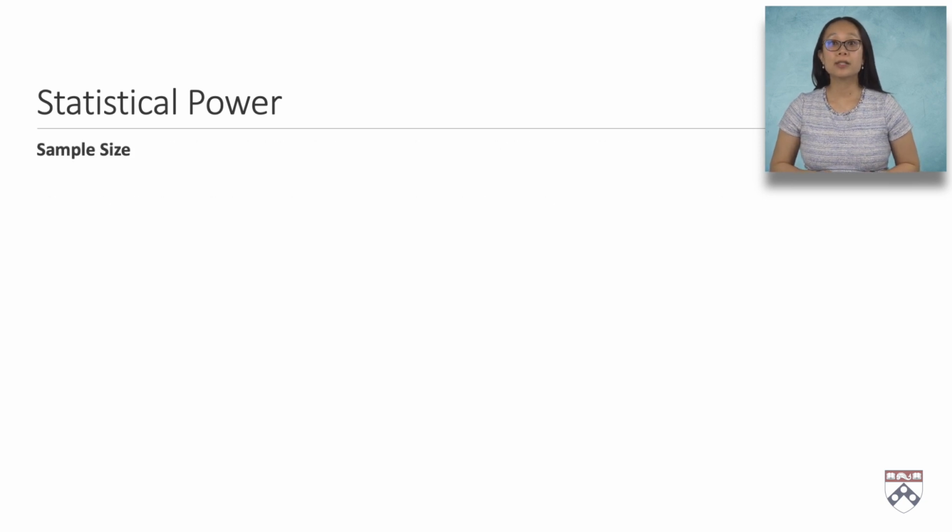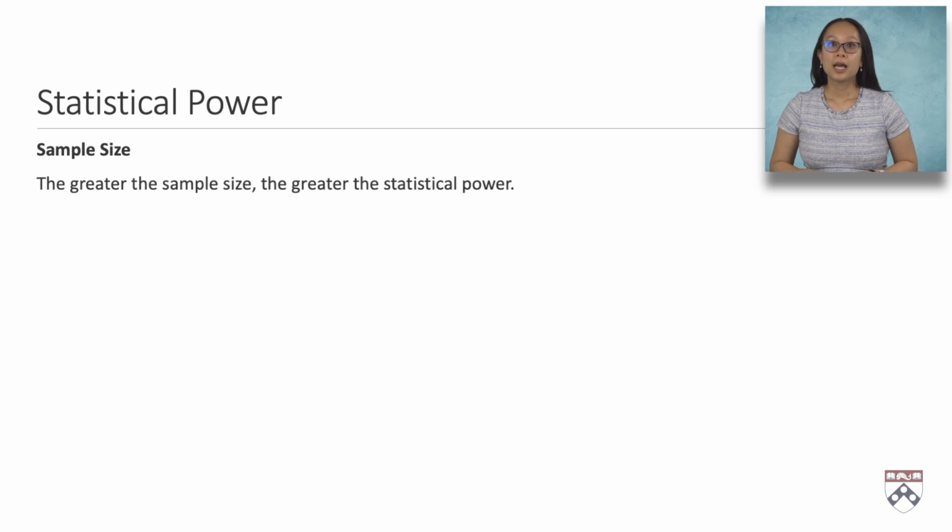So let's first talk about sample size. In practice, the greater the sample size, the greater the statistical power. And this is intuitive because the more individuals or units that we have in a study, the more information that we are able to collect on the relationship between the treatment and the control group, or more importantly, between the differences between these two groups and their particular outcomes.